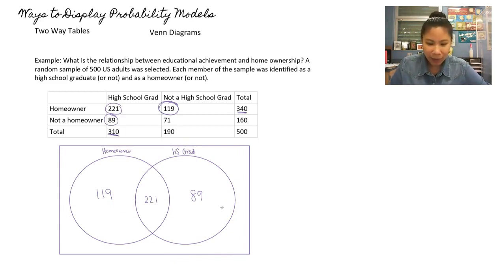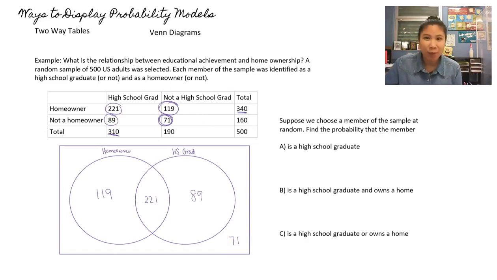Okay, then we have the outside rectangle part. So outside rectangle means that they are not a homeowner, nor are they a high school graduate, and we've got 71 people in that category. So we would need to have 71 written out there. Okay, so now if I add up my entire rectangle of people, this should all add up to 500 because I had 500 people total.